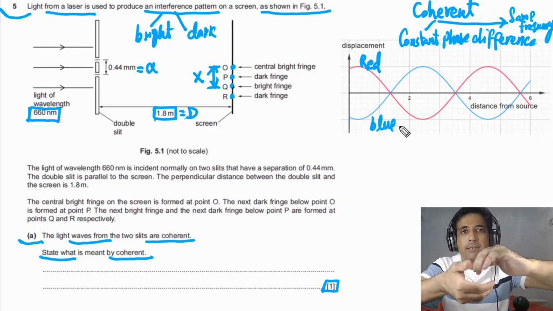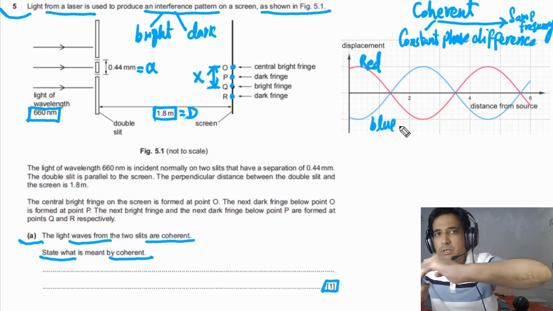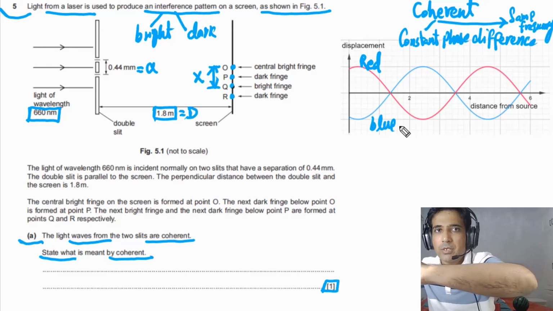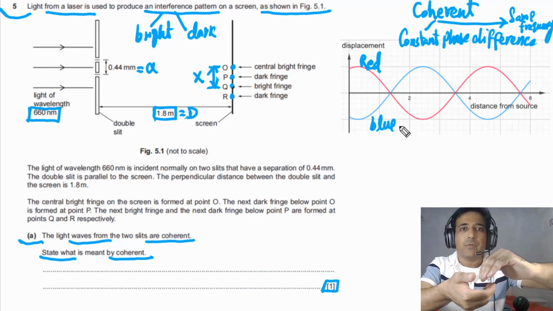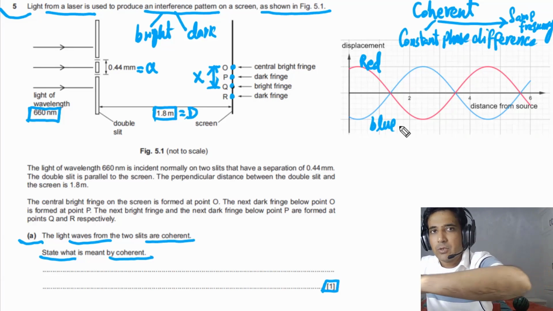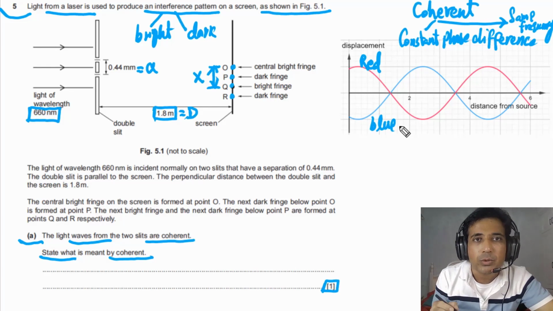Now imagine that we have two waves like this. If they move all the time like this with the same frequency, they will be coherent, so they will have a constant phase difference. Or imagine two waves like this, which have a constant phase difference all the time, so we call them coherent waves.